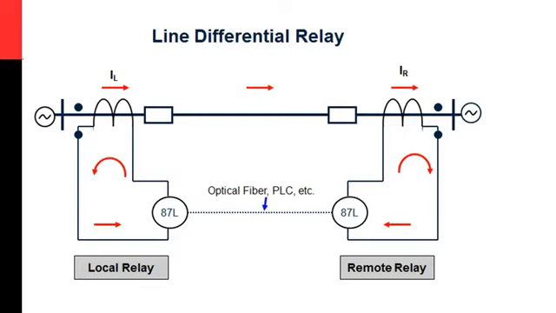At some point, someone might think, okay, I will apply the signal to what I call here the local relay and see if it picks up. Then I will apply a signal on the other end to the remote relay and see if it picks up, and then I'm happy.